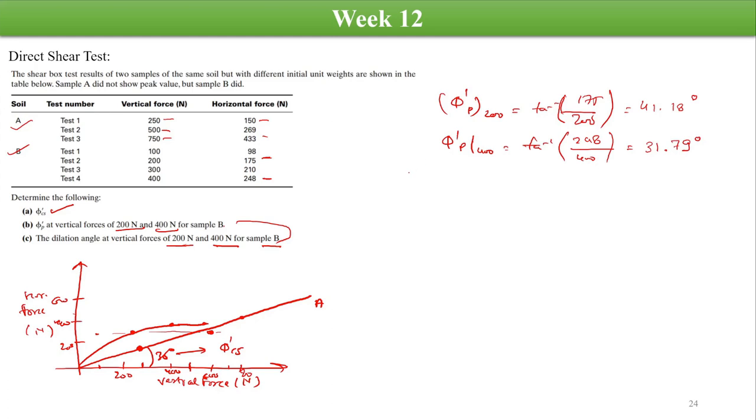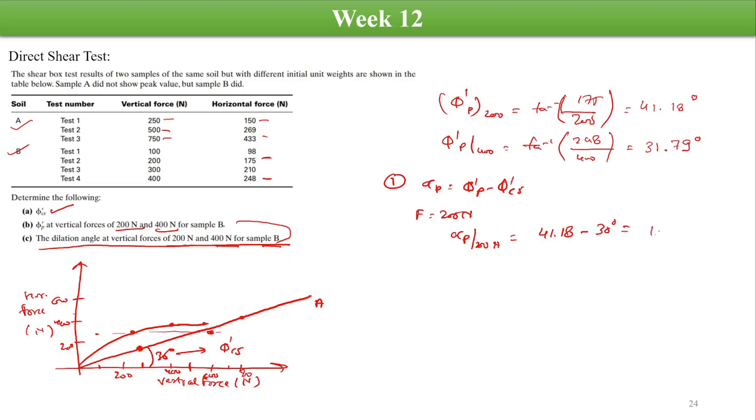Moving on further to the next step. Now we need to calculate the dilation angle. The dilation angle is going to be phi dash peak minus phi dash critical state. So for the vertical force of 200 Newton, alpha P at 200 Newton is equal to phi dash peak 41.18 minus 30 degrees.